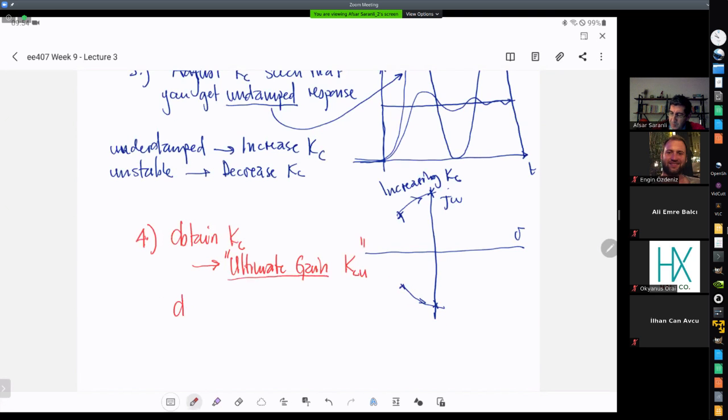And you also obtain the resulting frequency of oscillations. So you obtain the period actually, and that gives you what is called the ultimate period, PU. So from this undamped response, you obtain two parameters, the ultimate gain and the ultimate period.